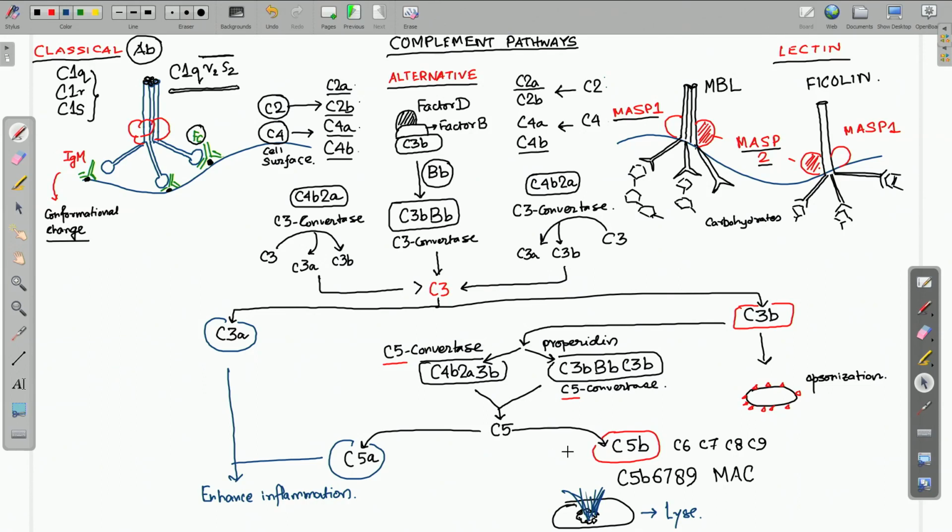Similarly, this C3b, in presence of another complement protein, which is properdin, it can associate with C3bBb and form another C5 convertase, which is known as the C3bBb3b. So, there are two C5 convertases that are possible and they are formed.